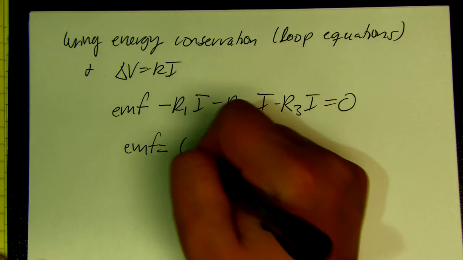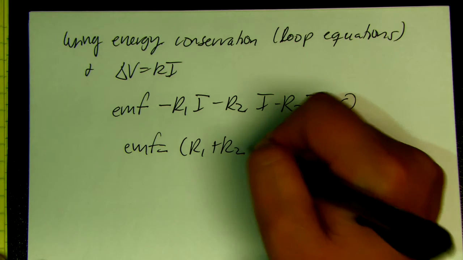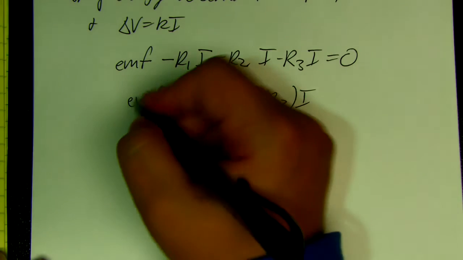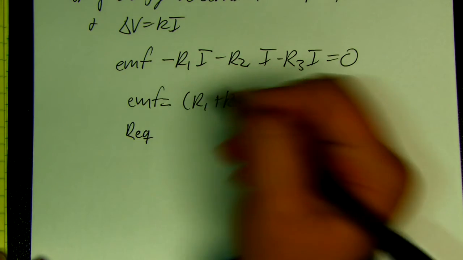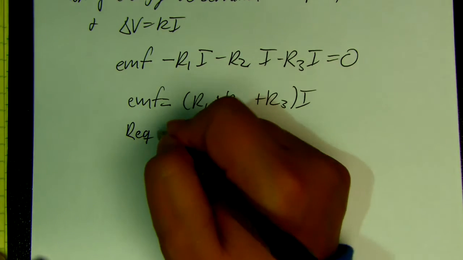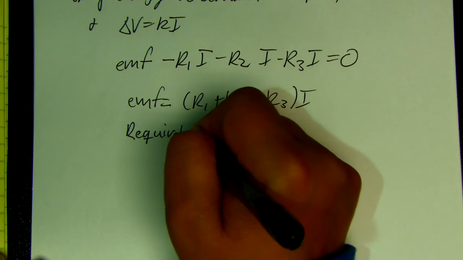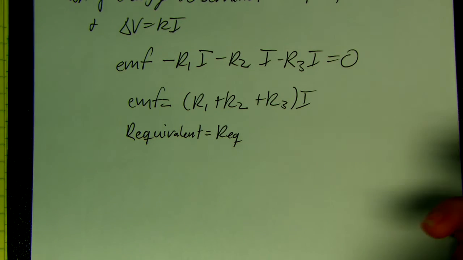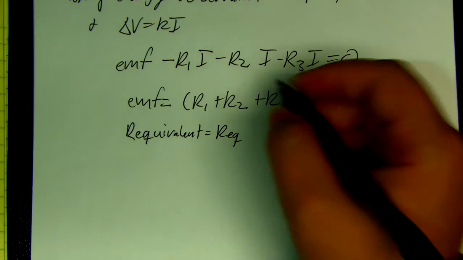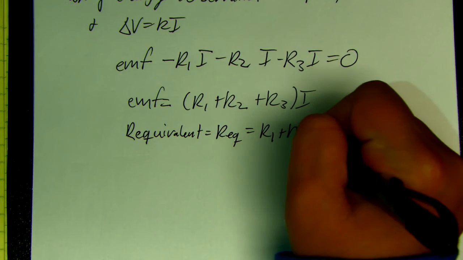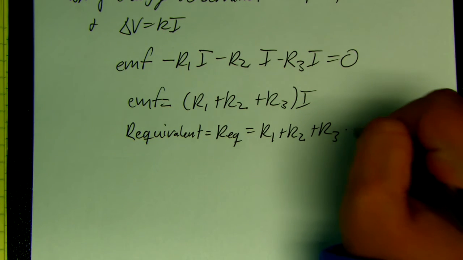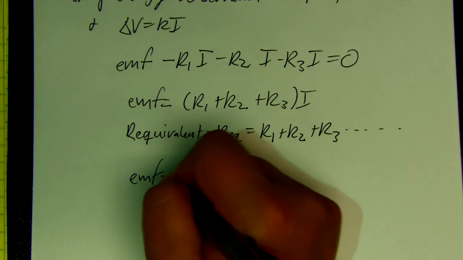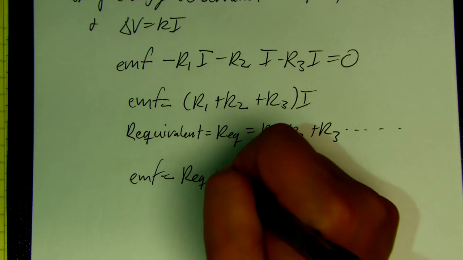EMF is equal to R1 plus R2 plus R3 times I. Let me introduce a new term, which is R eq, or R equivalent, which is, if this was just one giant resistor, what is the equivalent resistance? Which is equal to R1 plus R2 plus R3. And then if there's more in series, it would go on. And so we get the EMF is equal to R equivalent times I.